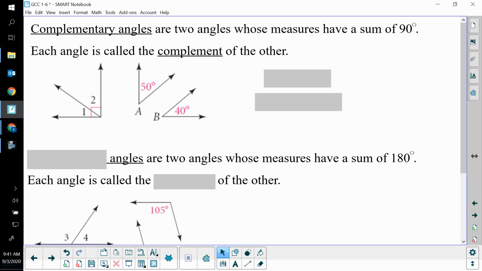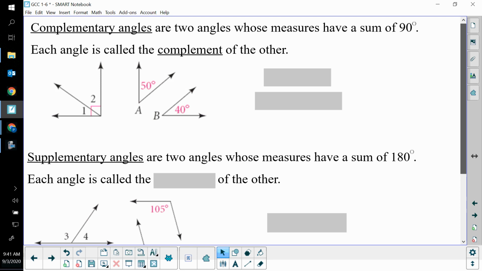And on the left, there's just a picture showing that when a right angle gets split, it creates two complementary angles. The other one is supplementary angles. So those add to 180. Now, when I was in school, the way I remember the difference between them is alphabetically, complementary C comes before supplementary S. And when you're counting, 90 comes before 180.